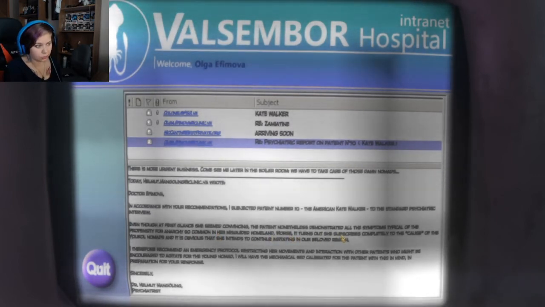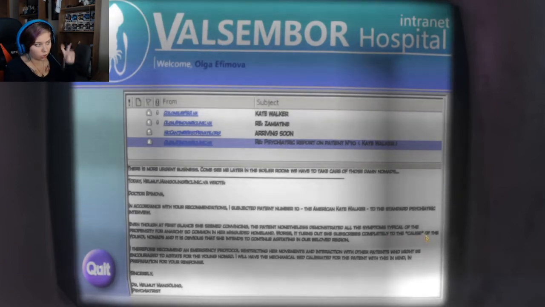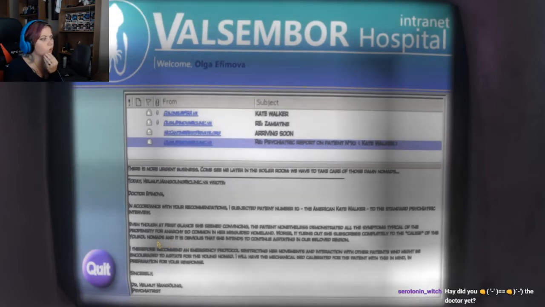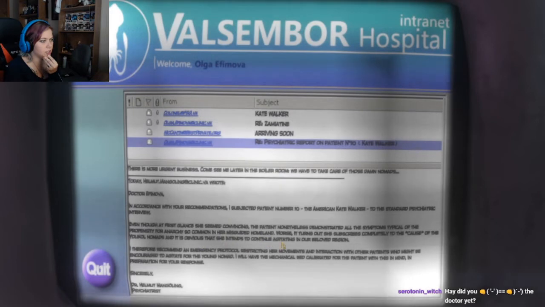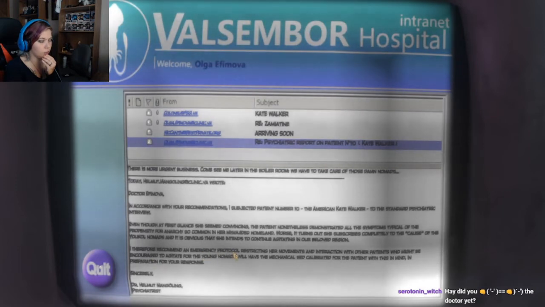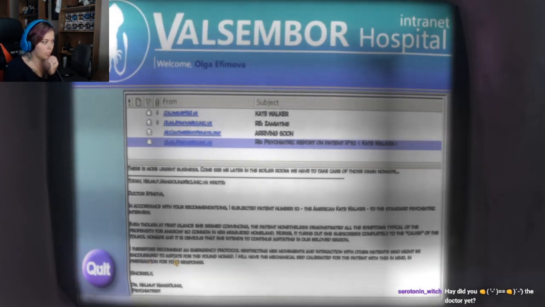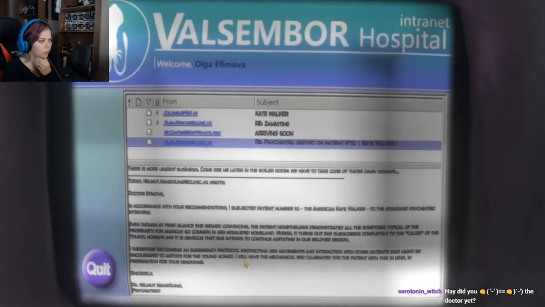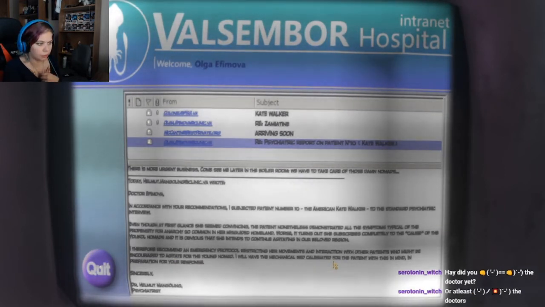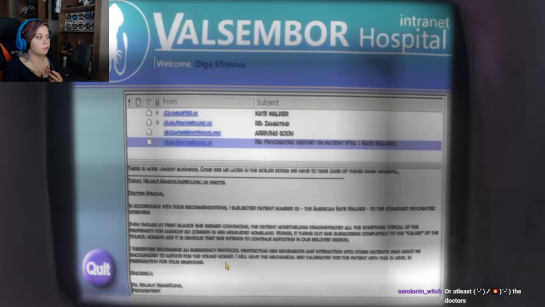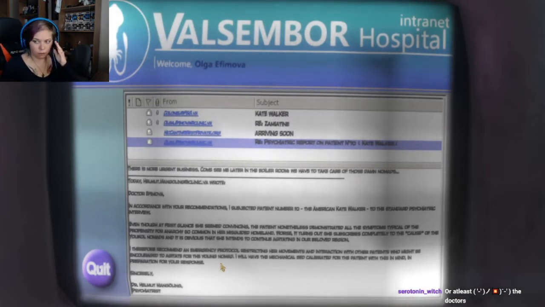Worse, it turns out she subscribes completely to the cause of the Yukol nomads, and it is obvious that she intends to continue agitating in her beloved region. I therefore recommend an emergency protocol, restricting her movements and interaction with other patients who might be encouraged to agitate for the young nomad. I will have the mechanical bed calibrated for the patient with this in mind. In preparation for your response, Kirk is tied down because of Kate.